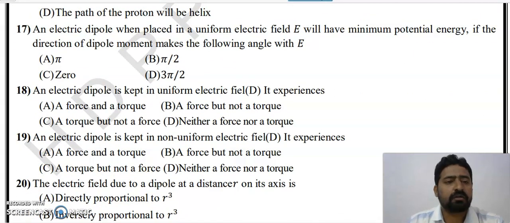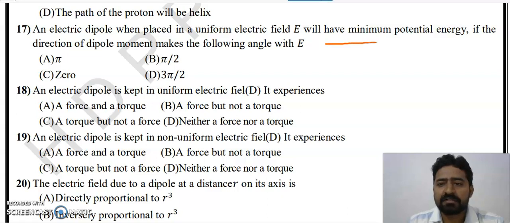Look at the 17th question. An electric dipole when placed in a uniform electric field E will have minimum potential energy if the direction of the dipole makes the following angle.